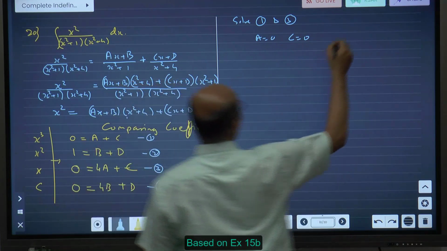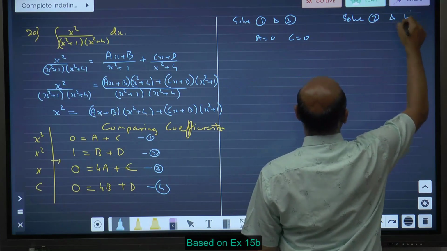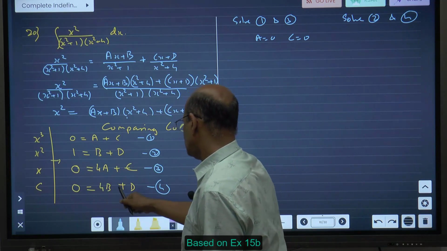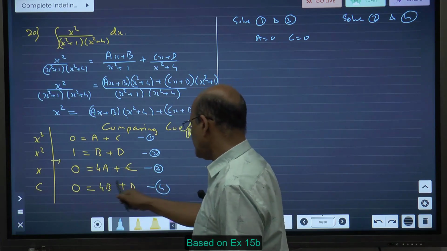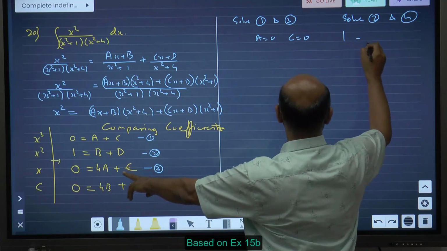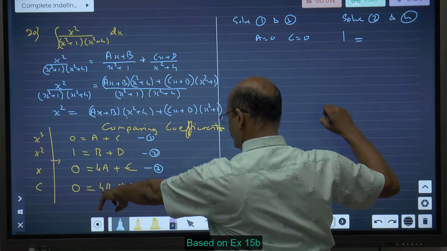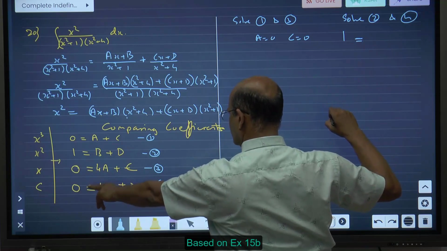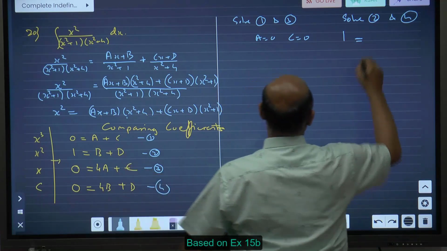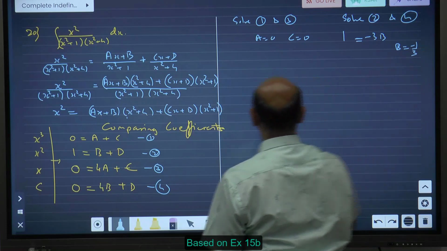So solve 2 and 4. Now if I solve 2 and 4, B plus D is 1, right? B plus D is 1, D is equal to minus 4B. So B minus 4B, so minus 3B, so B is equal to minus 1 by 3.